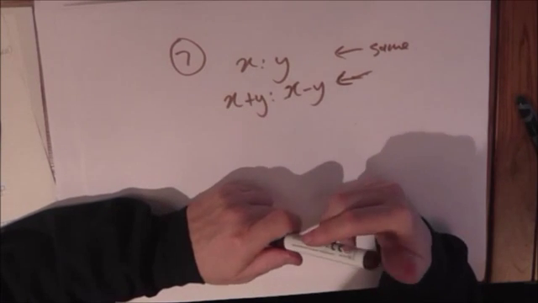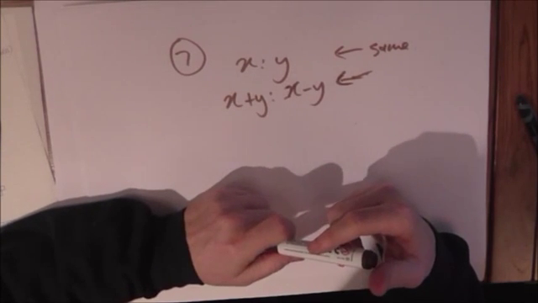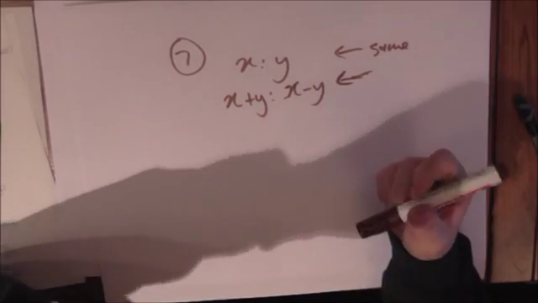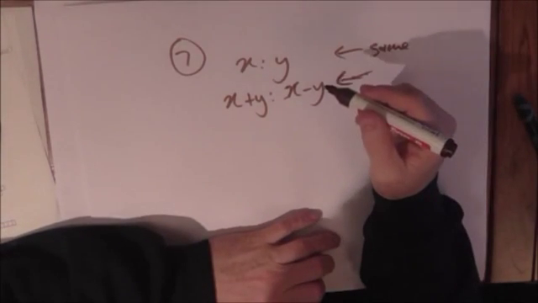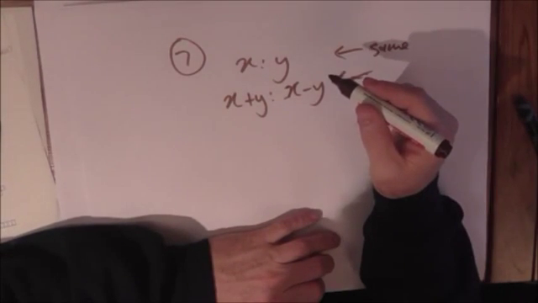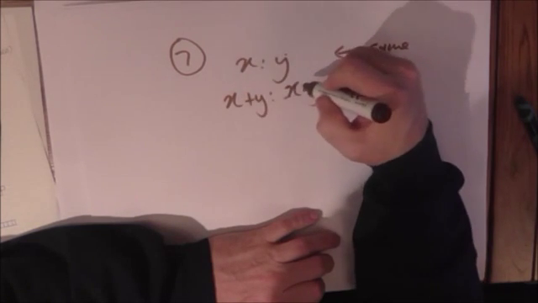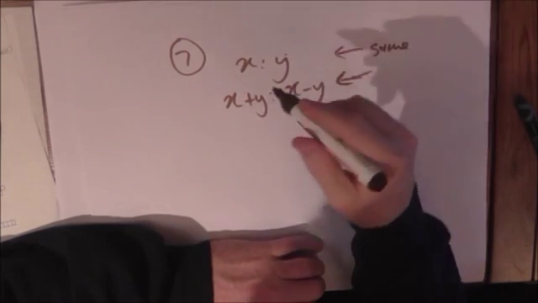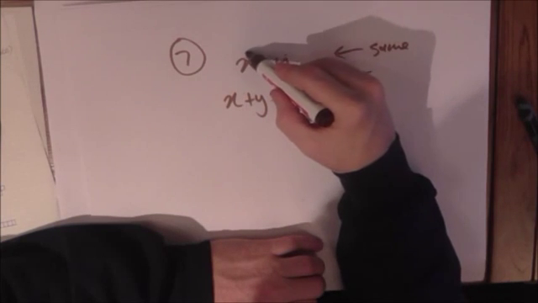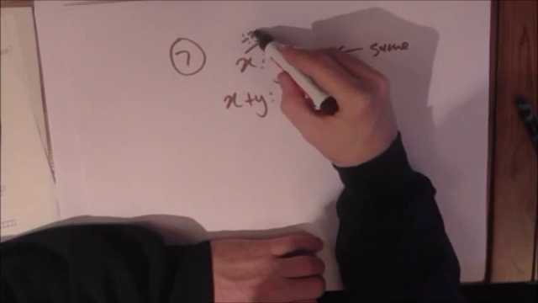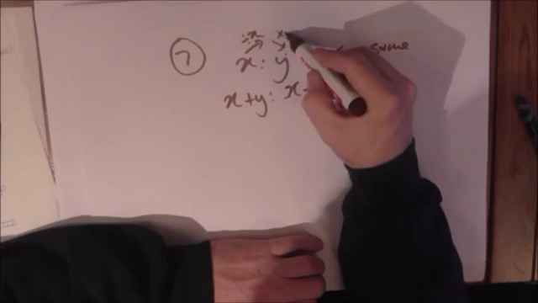Now what is that ratio? Okay. So however x becomes y is the same as how x plus y becomes x minus y. How does x become y? Divide by x and then times by y.